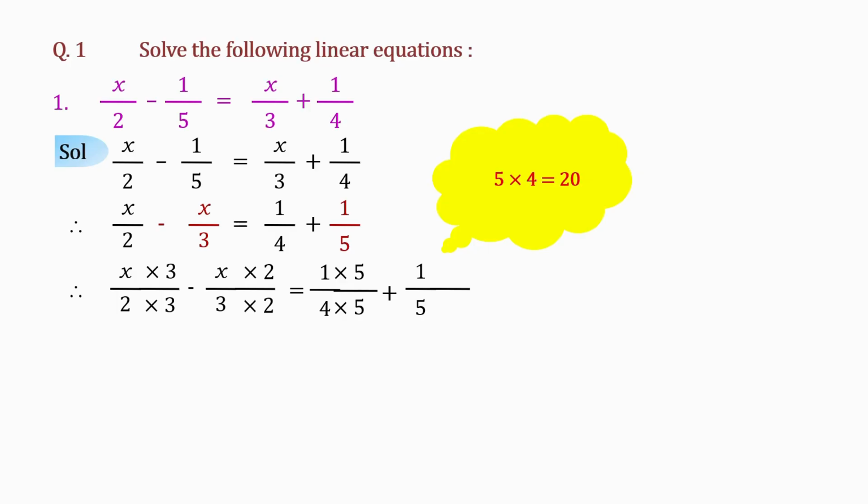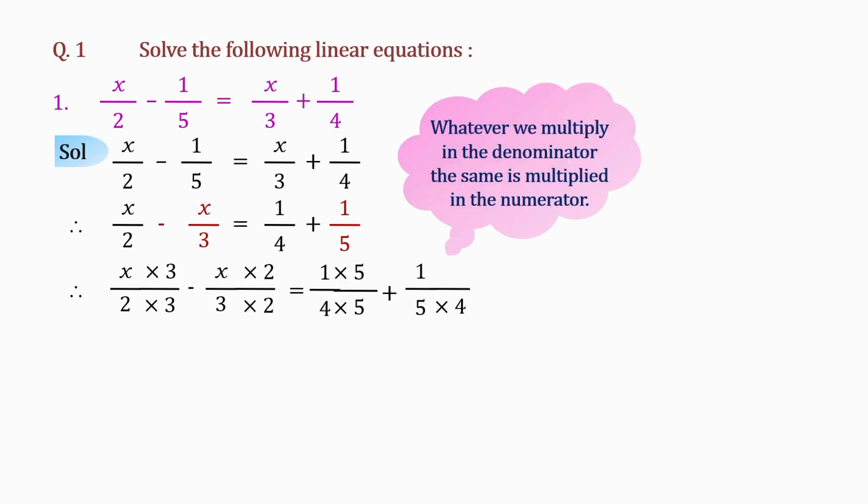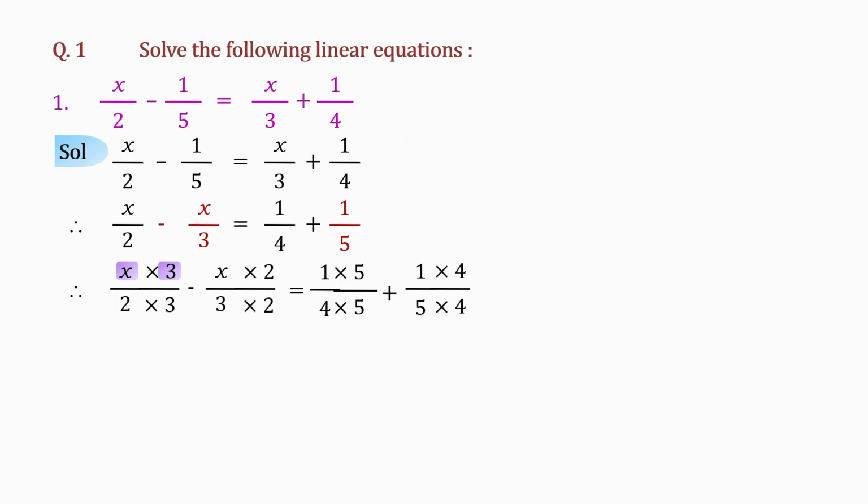So we are going to multiply 4 over here and the same 4 on the numerator. So this becomes 3x by 6 minus 2x by 6, and this becomes 5 by 20 and 4 by 20.